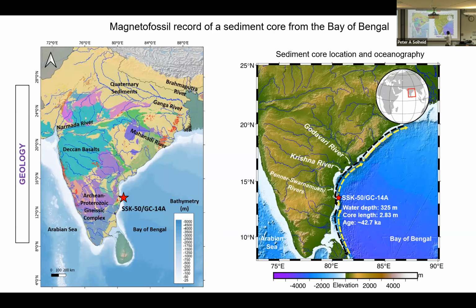The core site is located at a region where we have a surface oceanic current, and these currents change their direction with the changes in the monsoon.